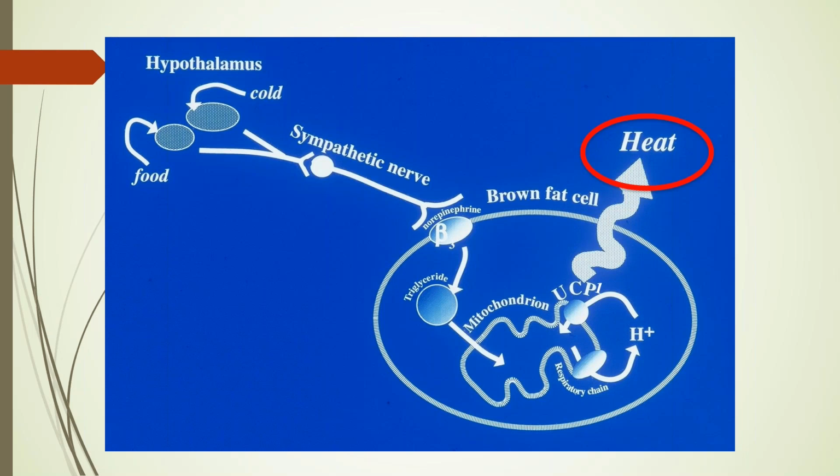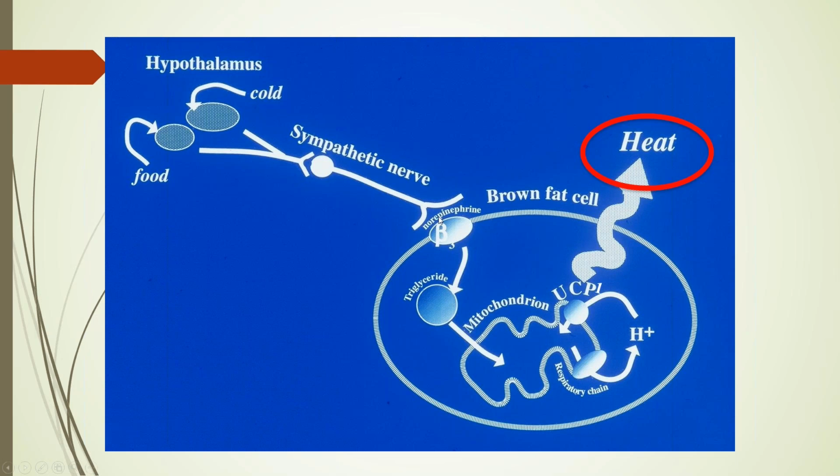So how is brown fat induced, and I'll tell you why its discovery was such a groundbreaking thing in the field of metabolic studies. So why does brown fat generate heat? Whenever you feel cold or you have a lot of fatty food intake, your hypothalamus in the brain sends these signals, and through the sympathetic nervous system, it tells the brown adipocyte through a chemical messenger known as norepinephrine.